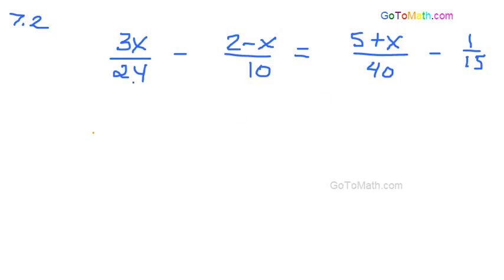And so we need to find a number that 24, 10, 40, and 15 all go into, the smallest possible number that all of those go into.